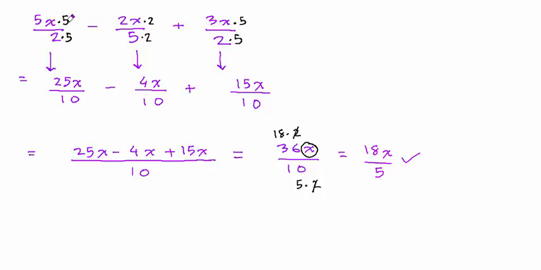Let's try another one. Let's now have a y. 5y over 2 plus 2y over 4 minus y over 3 is equal to, our first job as usual is to rewrite the three fractions on the same denominator, which is going to be the least common multiple of the denominators, also called the least common denominator of the fractions.